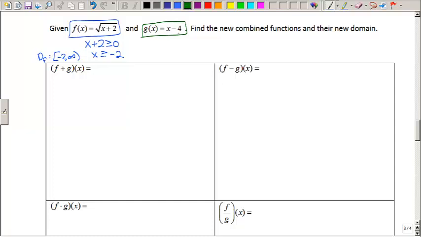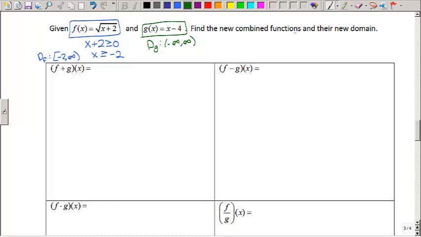Whereas for my g of x function, there is no rational function here, nor is there any even root function. So my domain of g is all real numbers. He's going to let everyone come to his party. Whereas the f function only allows negative 2 and greater into his domain party.